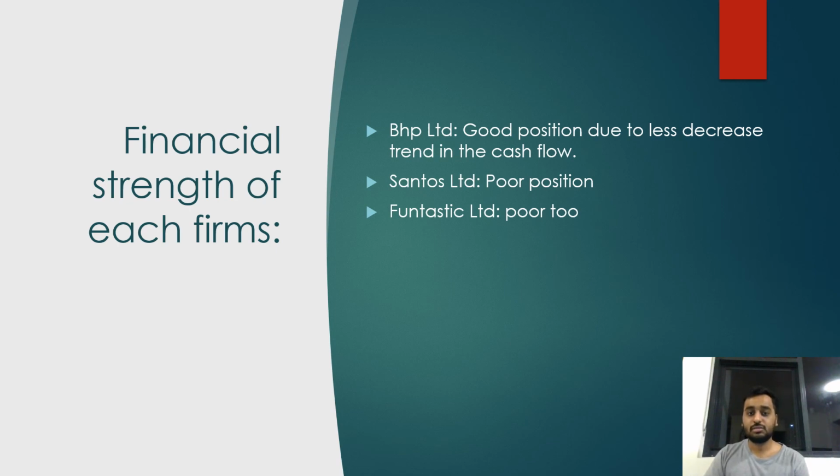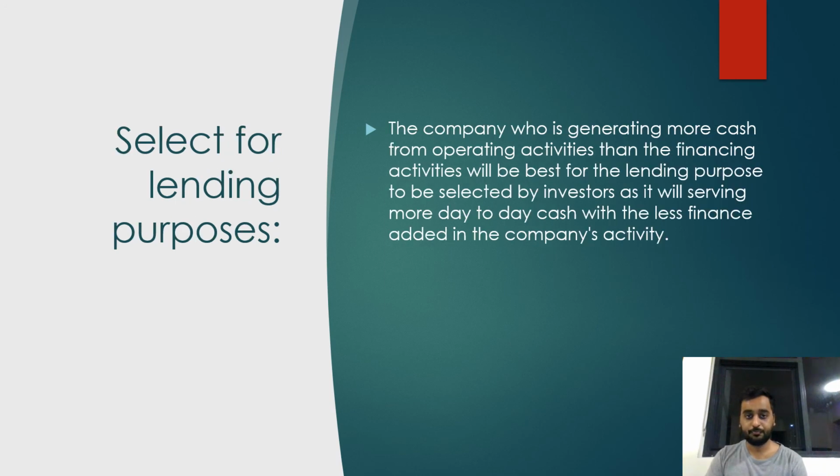But for Santos and Fantastic Limited, the cash flow statement is going down, so it's not good for the company. That's why BHP Limited is in a good position, Santos Limited is in a poor position, and Fantastic Limited is also in a poor position.